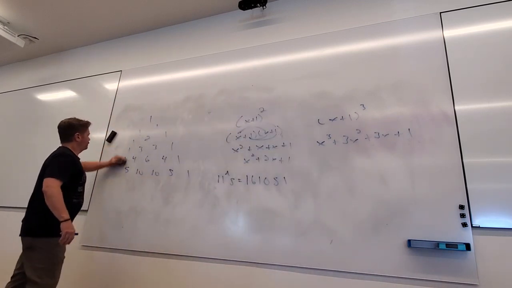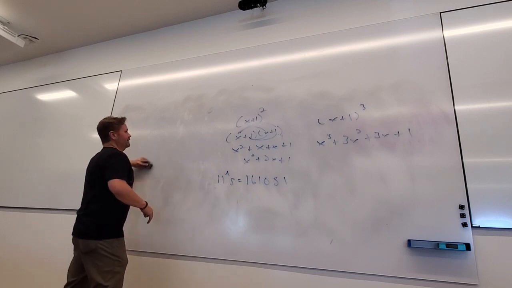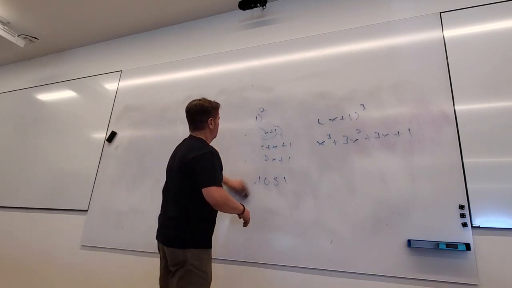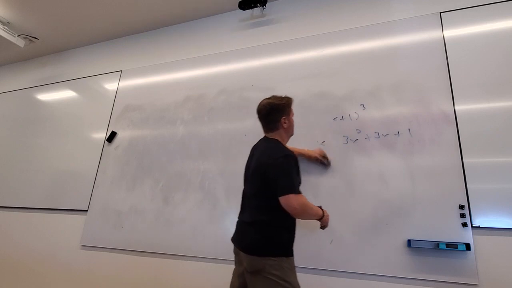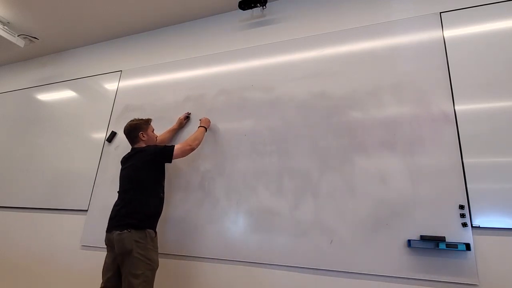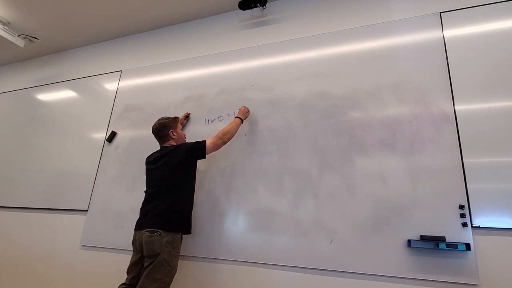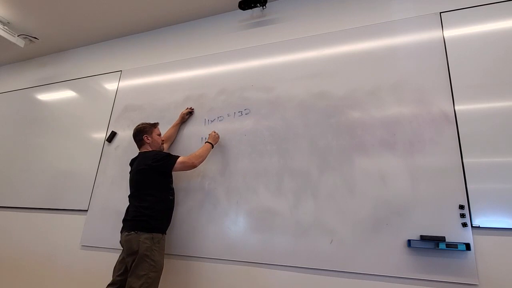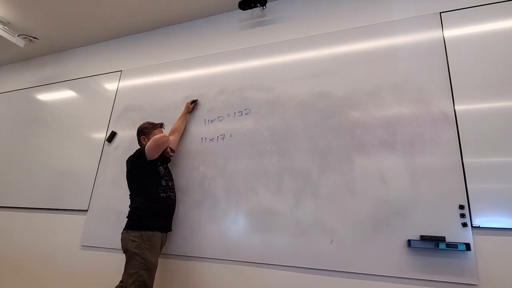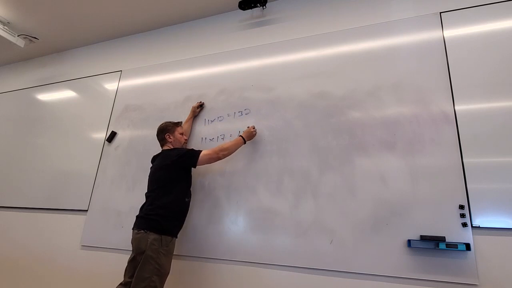So real quick, the rule for 11. Let's do something a little less freaky. What is 11 times 12? 132. What is 11 times 17? 187.